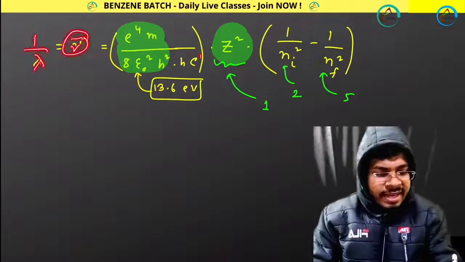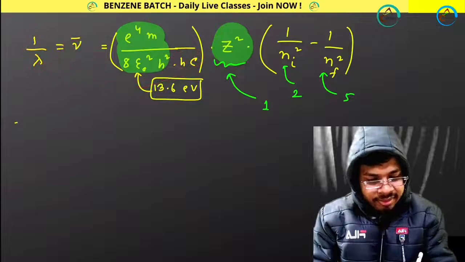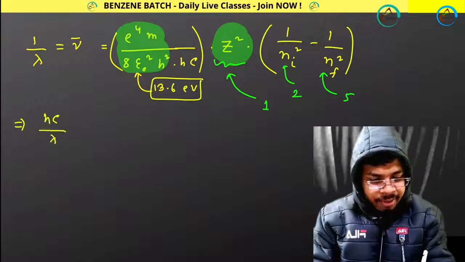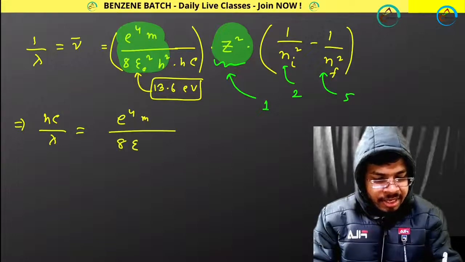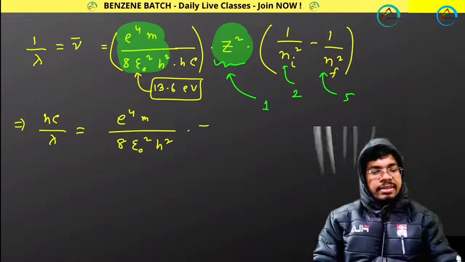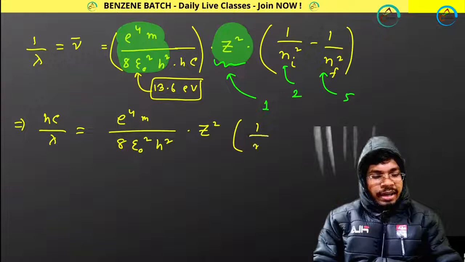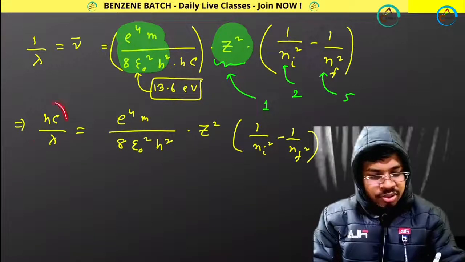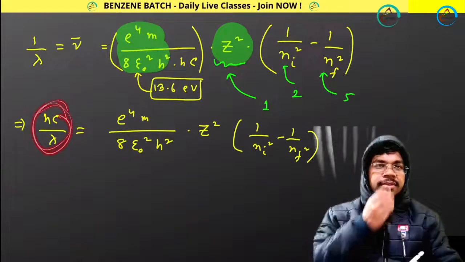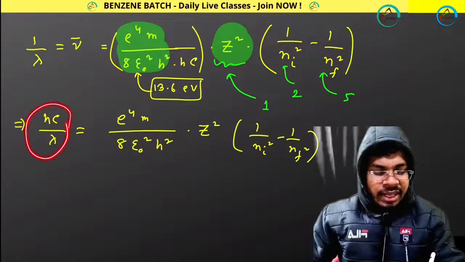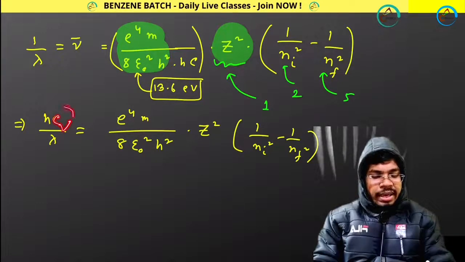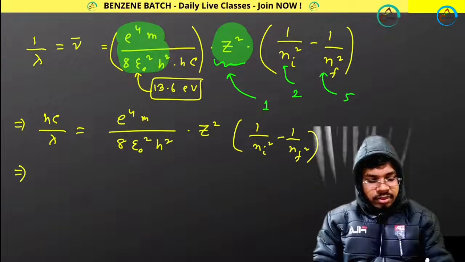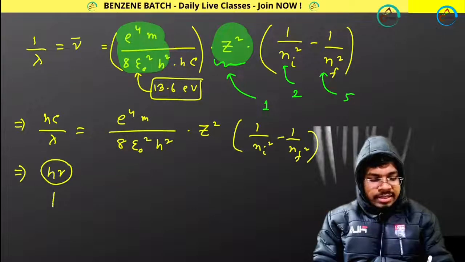Now if I send this hc over here once again, hc divided by lambda equals e to the power 4 m divided by 8 epsilon naught square h square, then Z square into 1 by ni square minus 1 by nf square. Then it is nothing but the energy, because hc by lambda, c by lambda means nu, so h nu is the energy.